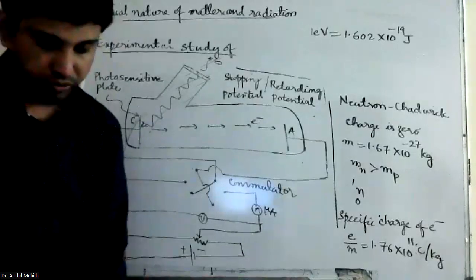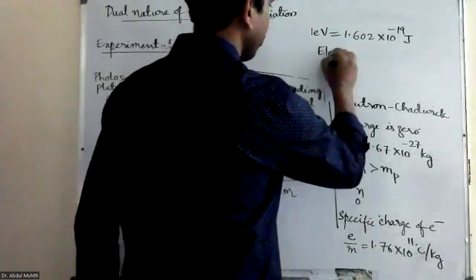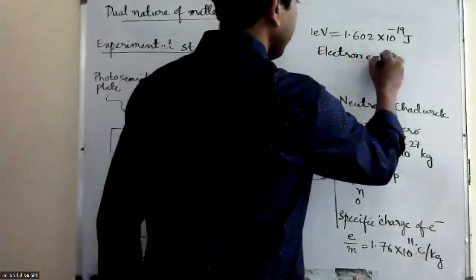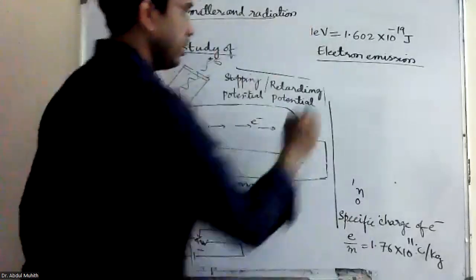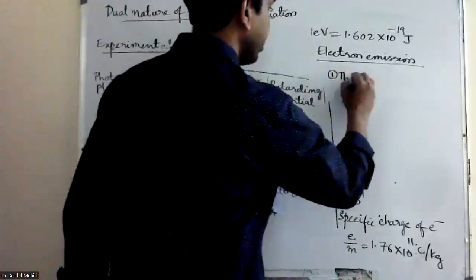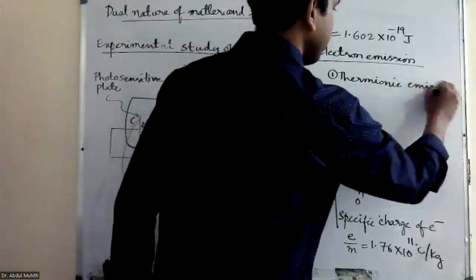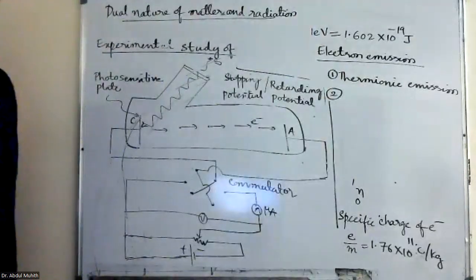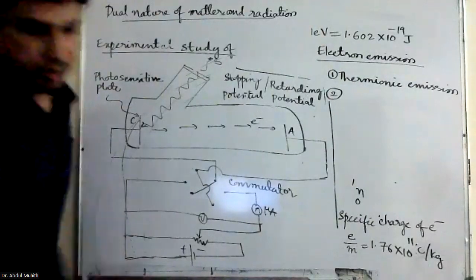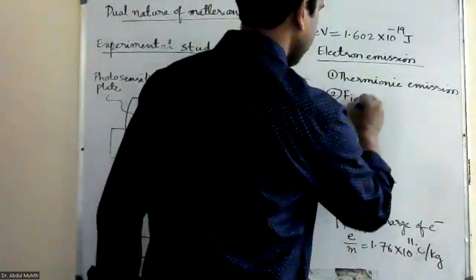Now, there are 3 ways in which electron emission takes place. There are many ways, but in your book only 3 are mentioned. How can we bring out an electron from an atom? The first one is thermionic emission.